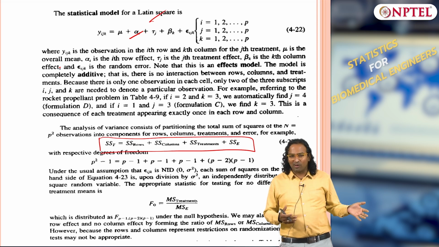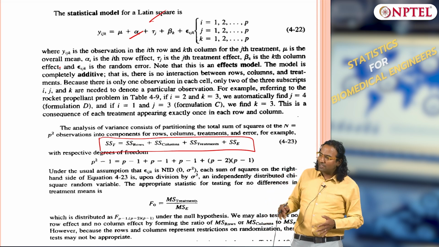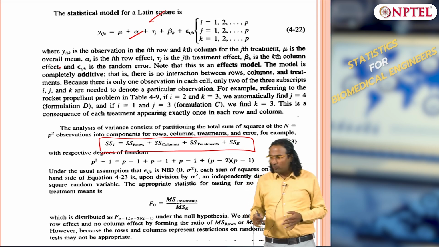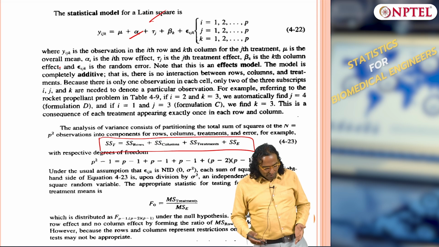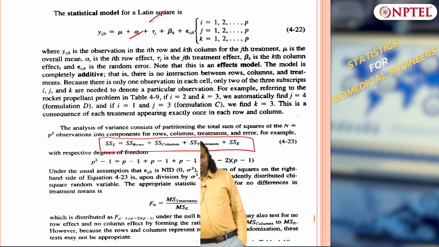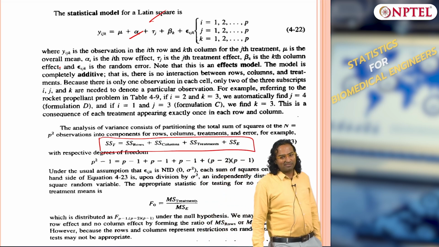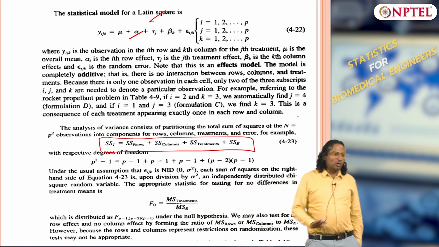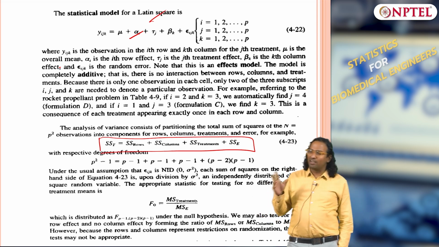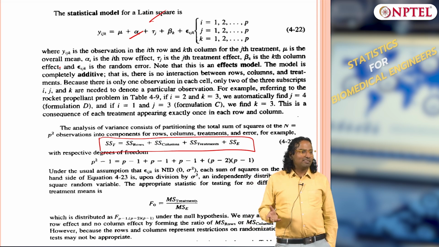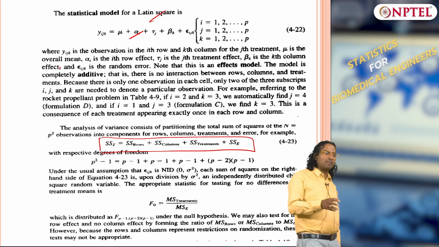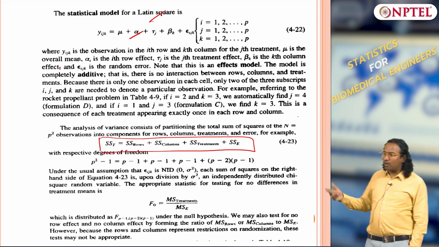So the way we dealt with ANOVA here is not the way we dealt with RCBD. For RCBD I used the rules of least squares to write the equations. Here I am going to directly write the equations. How many equations will I have? Now it is a square design, which is interesting, right. So all are A, there is no A plus B kind of thing. If you call it P, how many equations do you have? 3p plus 1 equations, right: P for rows, P for columns and P for entries.